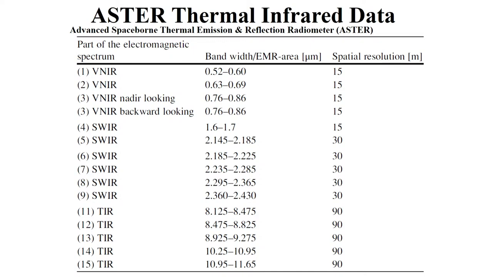In ASTER, you can see that there are several bands of the visible range as well as the reflected infrared range, and there are five thermal infrared bands, covering 8 micrometer to 11.6 micrometer, with a spatial resolution of approximately 90 meter. These ASTER thermal infrared bands have been widely used by the scientific community in different applications.